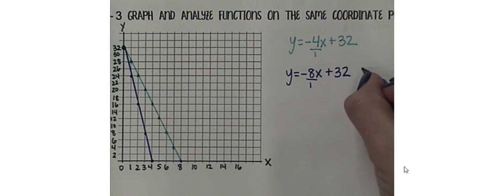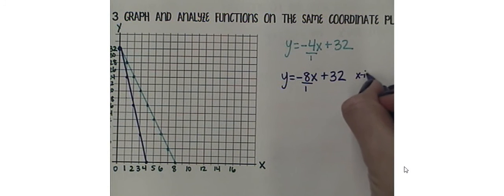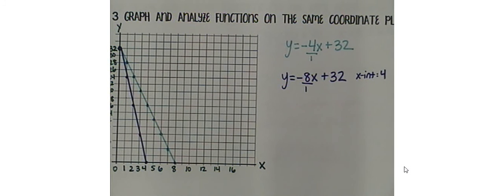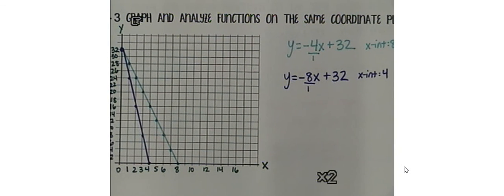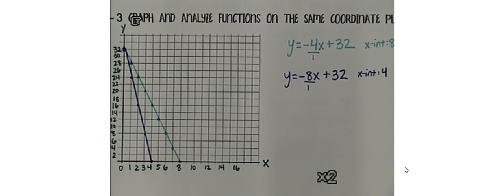So this x-intercept ends at 4. This x-intercept ends at 8. So whatever the situation is, it could take 8 minutes, it could take 4 minutes. Maybe we were biking, maybe we were running.